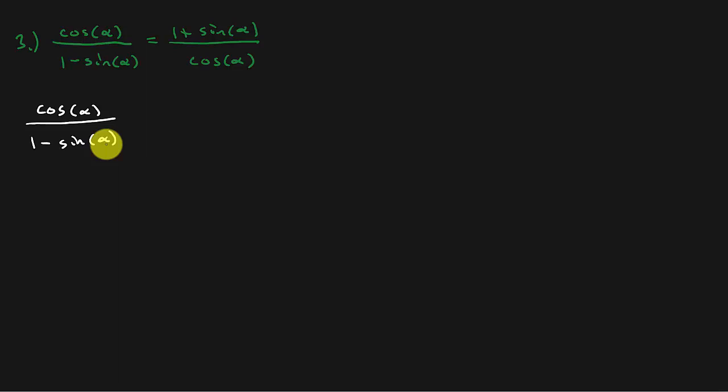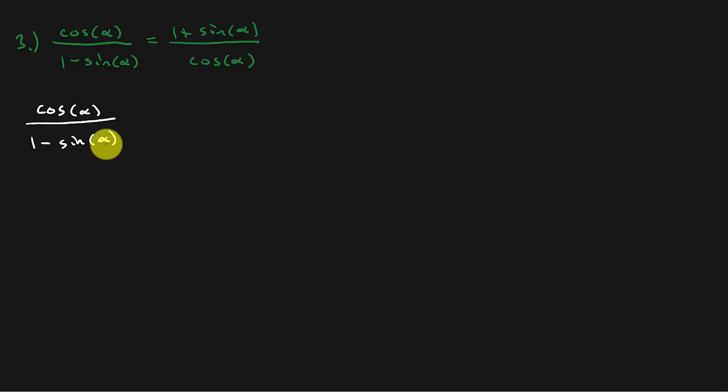So how do I even begin here? All right, so don't try to take that 1 minus sine alpha and write that in terms of cosine, because 1 minus sine alpha is not equal to cosine. 1 minus sine squared is equal to cosine squared. Okay?